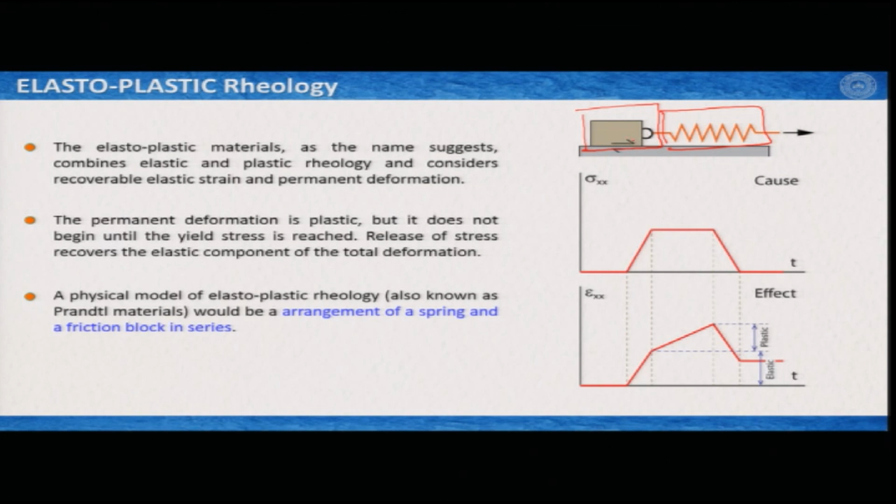When this friction is overcome by the pulling force, then this friction block starts moving, and when the stress is released, then the spring comes back to its original position, but not the friction block. So we can get an idea of this behavior from the stress versus time and strain versus time curve.